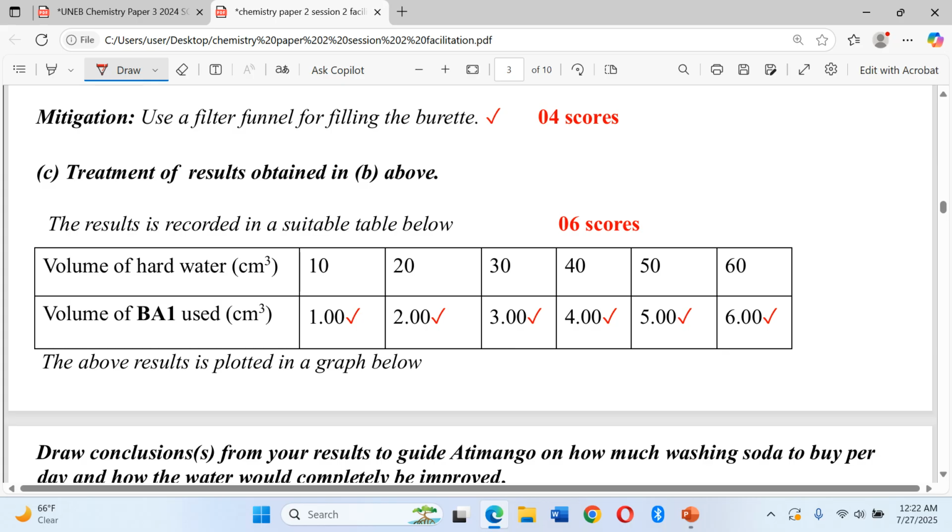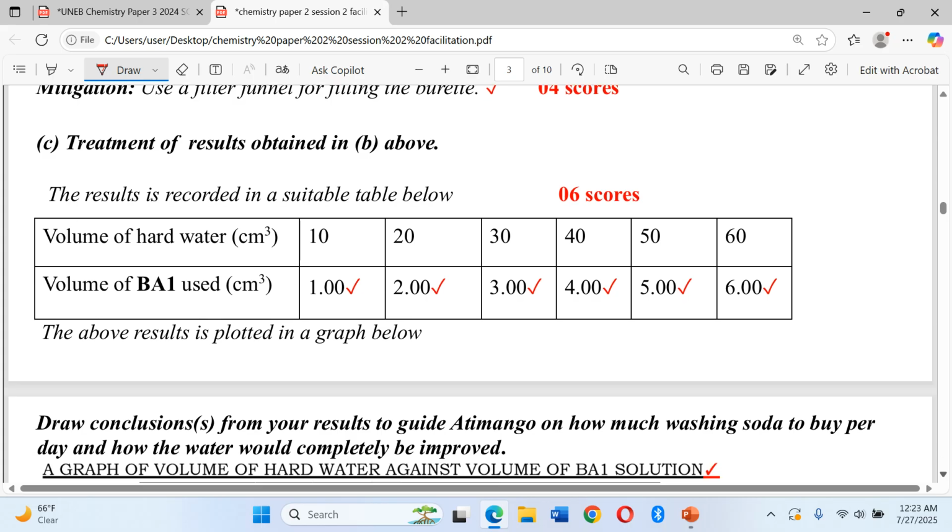When that was 10, the volume of BA1, which is sodium carbonate used, was 1 cubic centimeter. For 20, 2. For 30, 3. For 40, 4. For 50, 5. For 60, 6. So that is the table of results showing the amount of sodium carbonate needed.